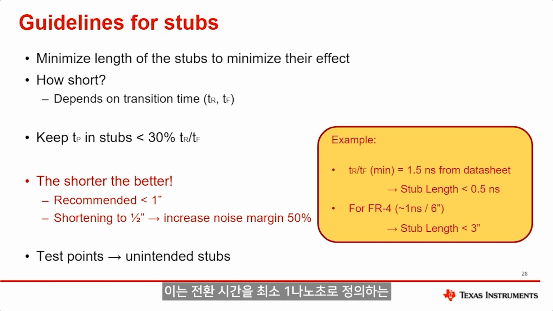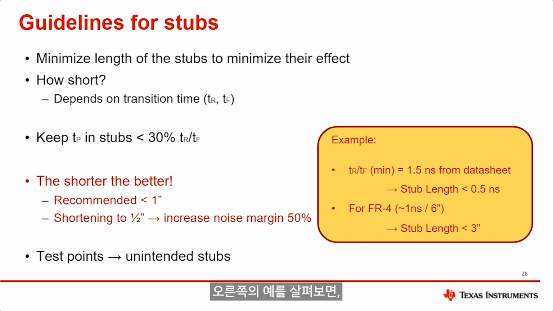And so this goes back to the benefits of M-LVDS, defining the transition time to have a minimum of 1 nanosecond. This essentially allows for more flexibility in the length of the stubs off the backplane.